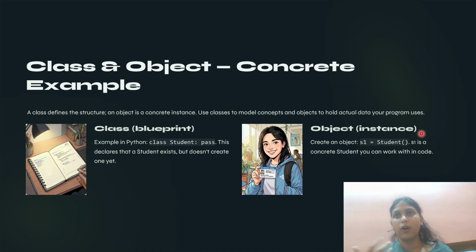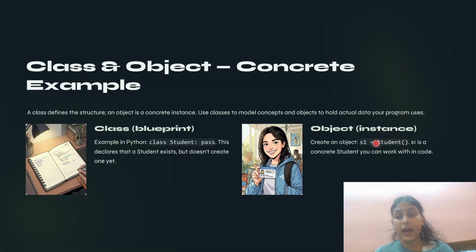They might look very complicated, but you have to remember them, and it would be easier for you to learn the advanced topics more clearly and precisely. So here S1 is an object of the Student class. I could create a similar object again by writing S2 equals Student.